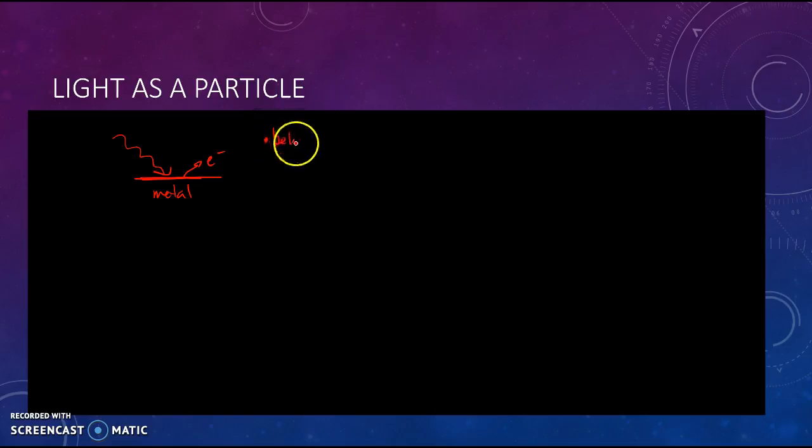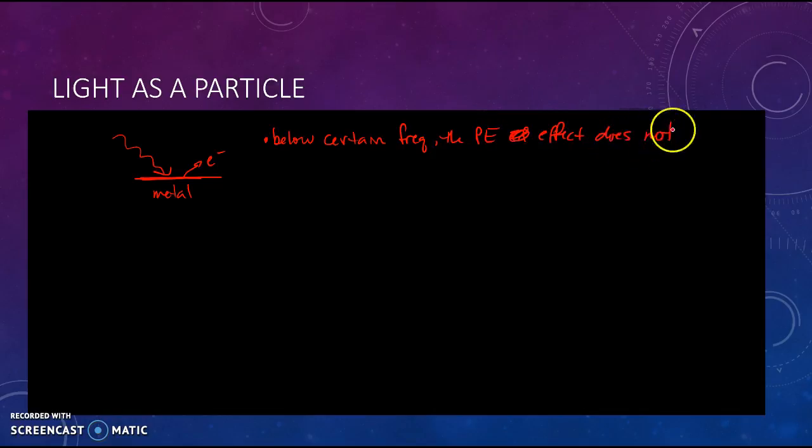So below certain frequencies, the photoelectric effect does not occur. That is counter to classical physics. That was very confusing. Above a certain frequency, it would occur no matter how dim the light was, okay?